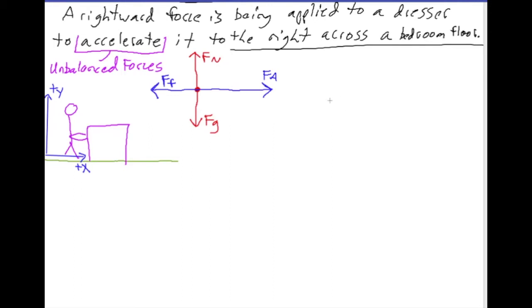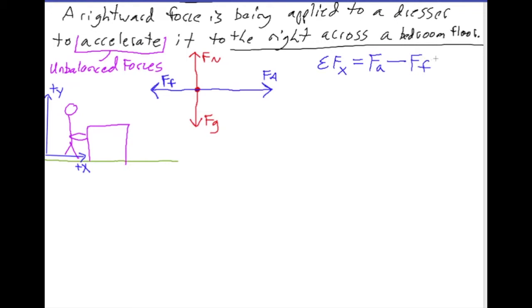The next step we're going to want to do is write our net force equation. So let's start with the x direction. Net force in the x direction, and I'm going to write subscript x so I know that it's in that direction, is going to be equal to the forces pointed to the right, in this case force applied, minus the forces pointed to the left, in this case force friction.